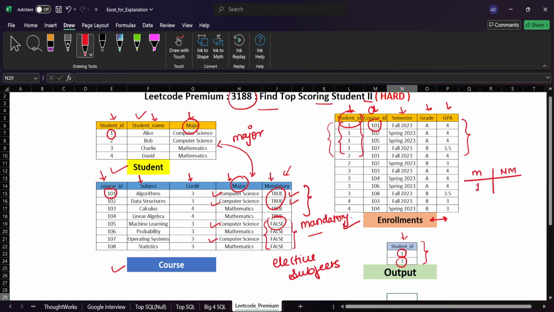In the mandatory column, we have 101. Then 102, this is computer science, and here also we have this. So 102. And then 105 and 107. See, these two courses the student has taken. So student ID 1 has taken two mandatory courses and two non-mandatory, that is elective, courses.